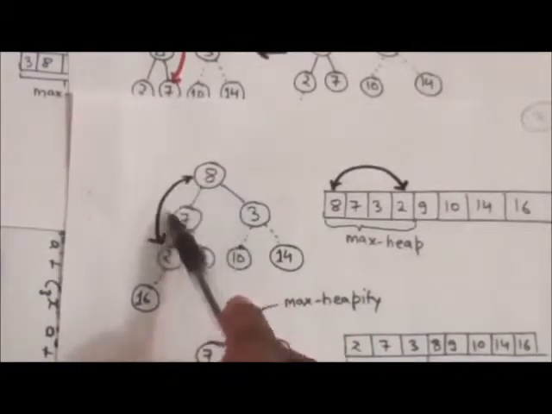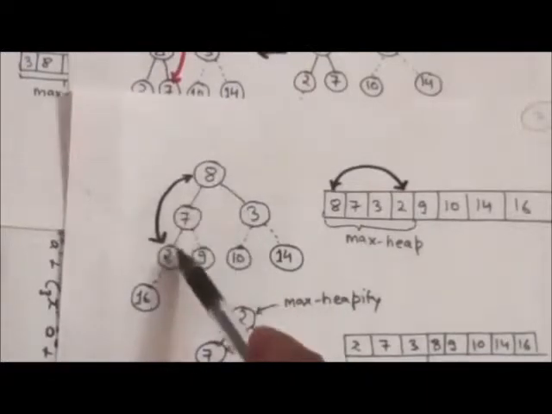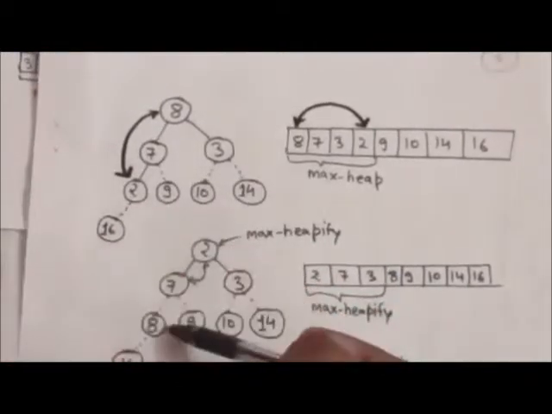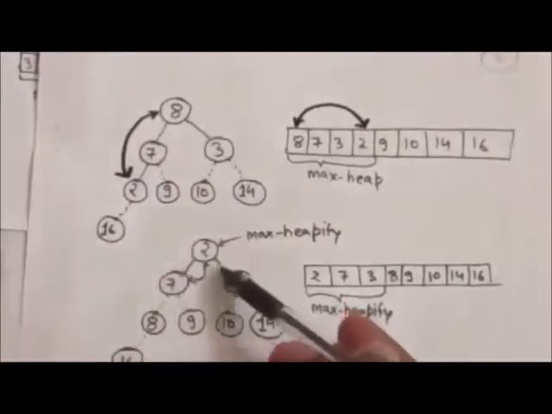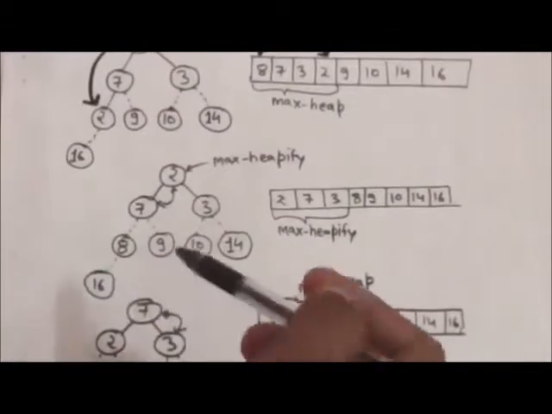This element 2 is the last element of max heap, right? So when we exchange, 8 will come here and this element 2 will become root. So we will get this tree, right?